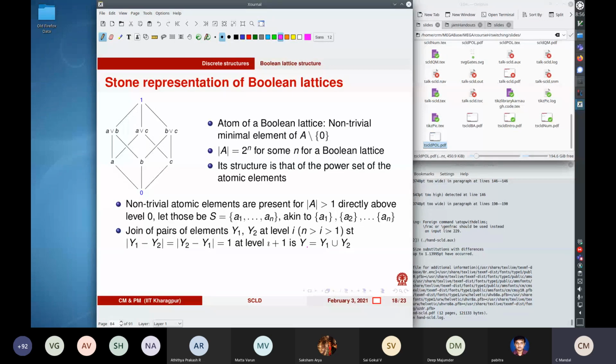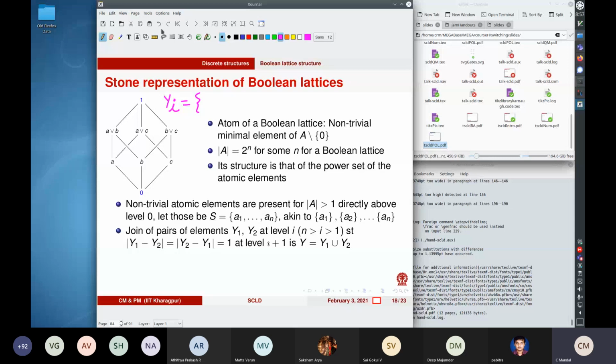So when we say this, what is yi? Yi is the set of elements.